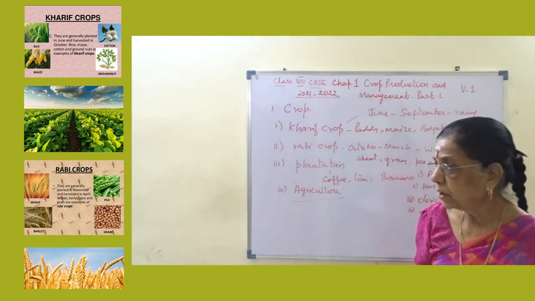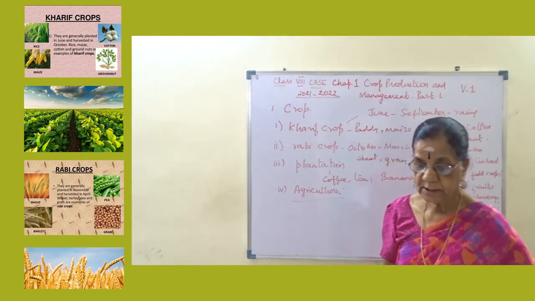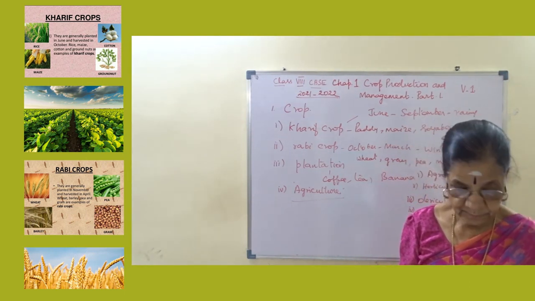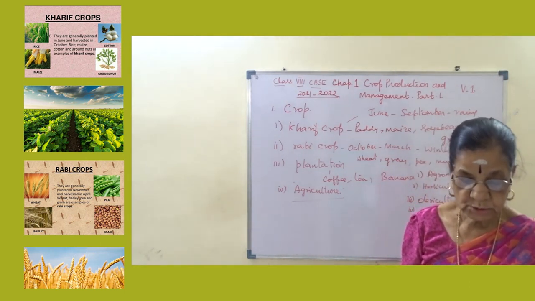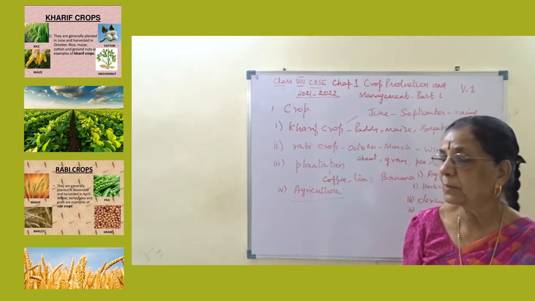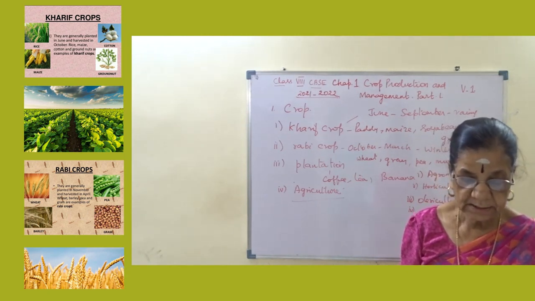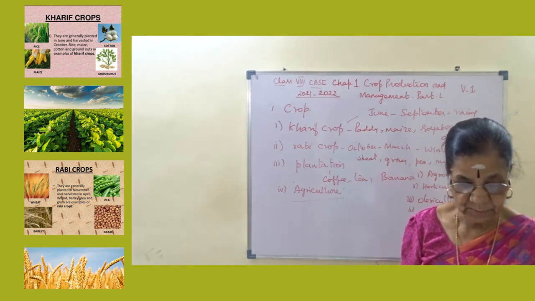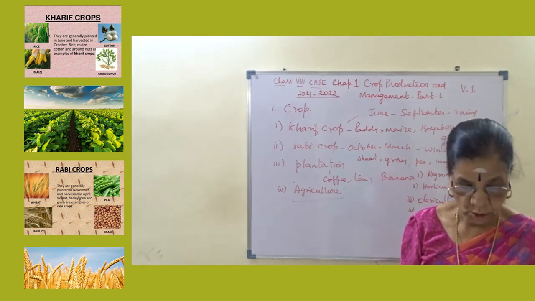Then fodder crops, they provide green fodder to the cattle. Example, berseem, oat, Sudan grass and sorghum. And other crops are fibers. Example, cotton.